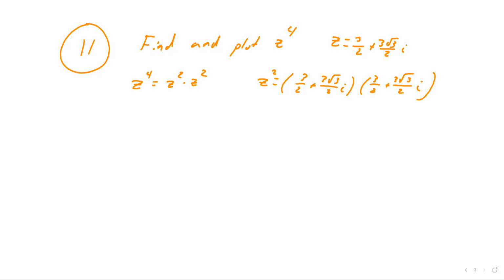How do I multiply binomials? Just foil it out. So 3/2 times 3/2. Perfect. 3/2 times 3 square roots of 3 over 2.